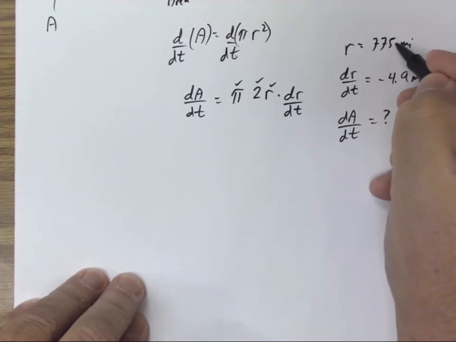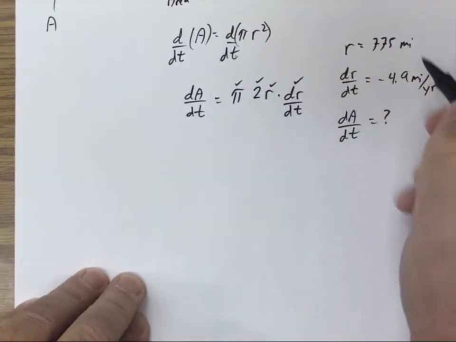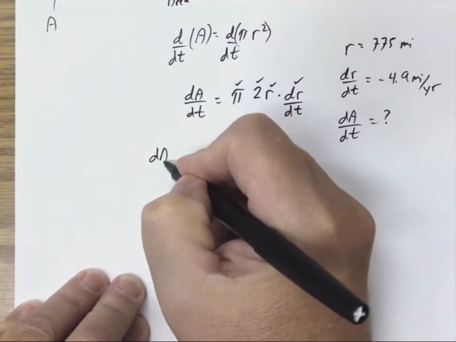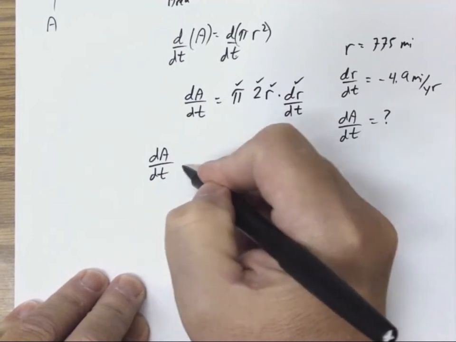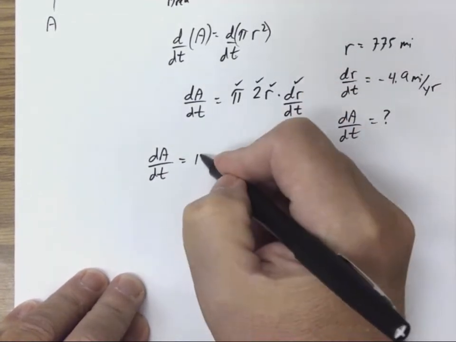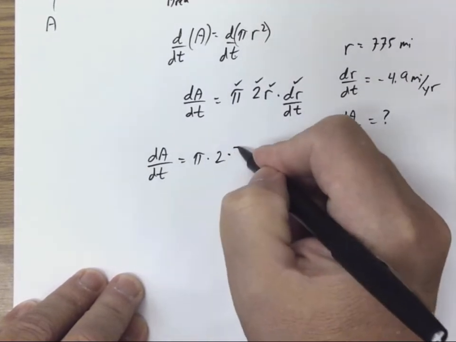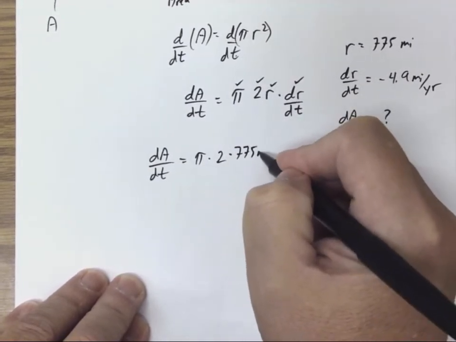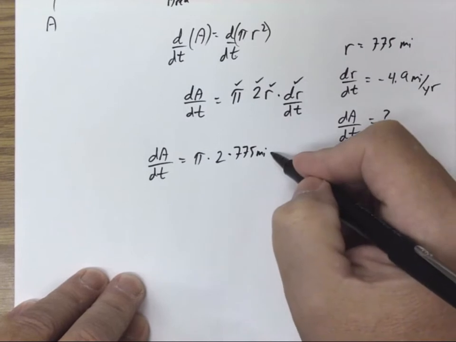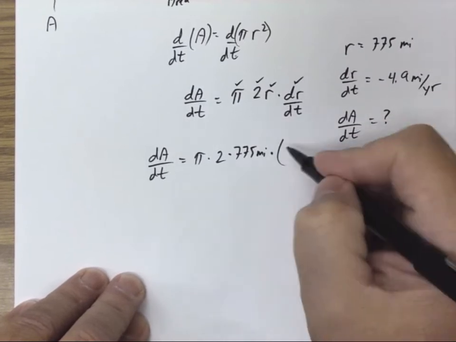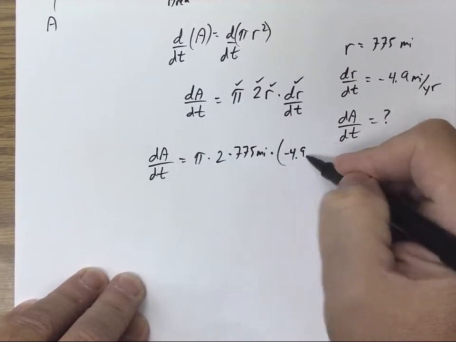We're given the r, and we're given dr dt. So in this case, it's just a matter of plugging everything in. So r is 775 miles. Dr dt is negative 4.9.